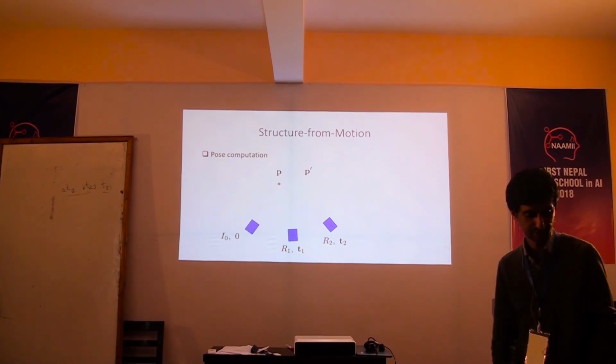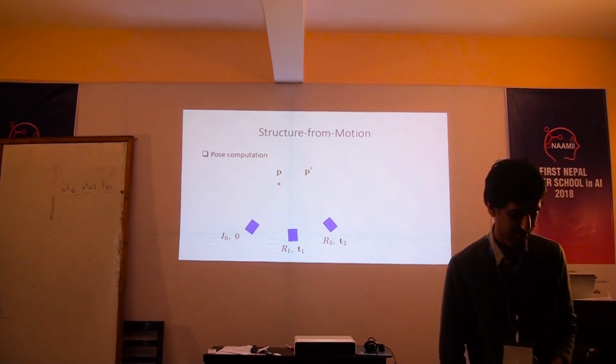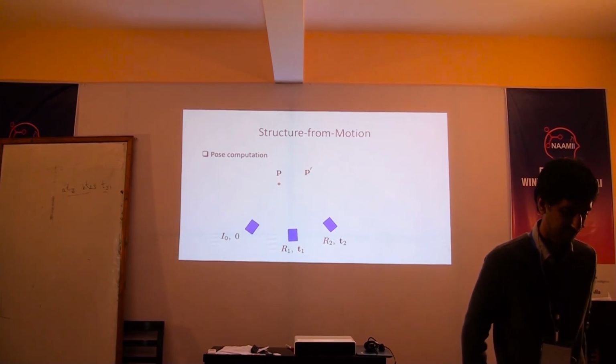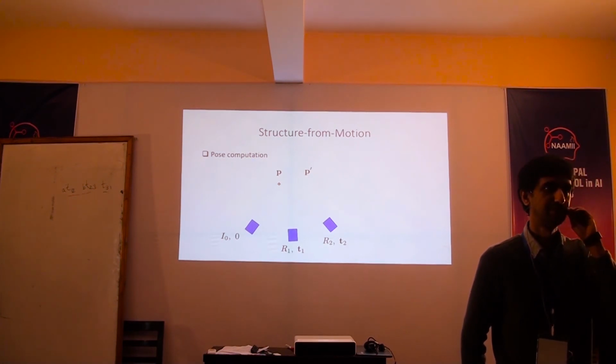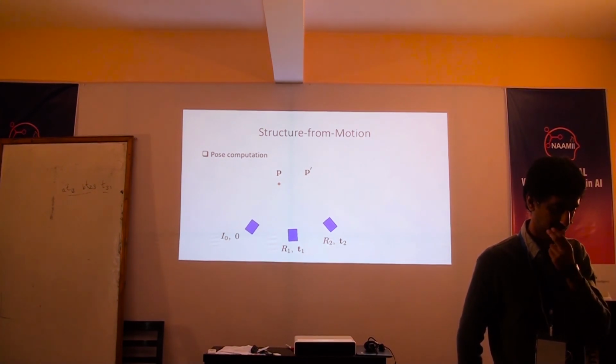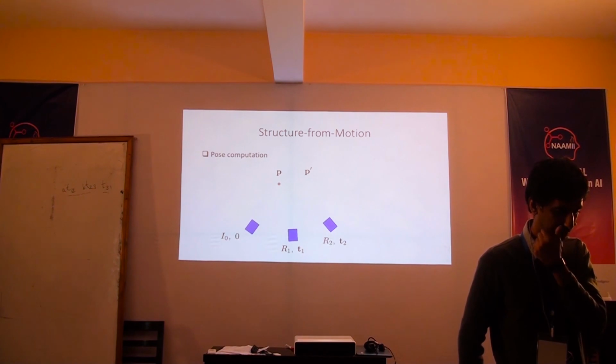So don't forget the A and B's, because you want to compute the A and B's. So what you will get is a bunch of equations in the end, which should be overdetermined. Is it overdetermined?